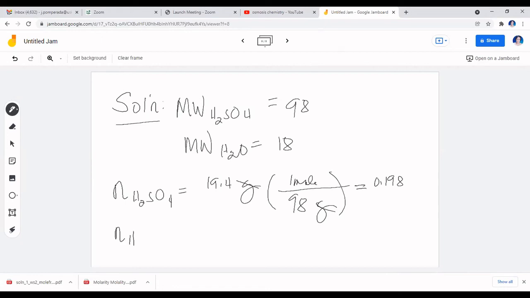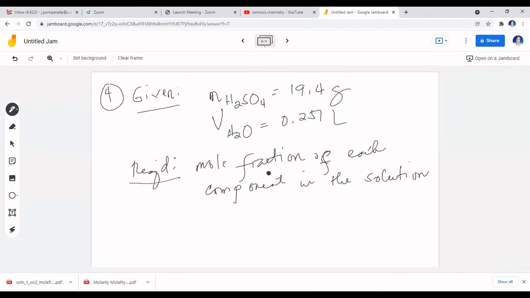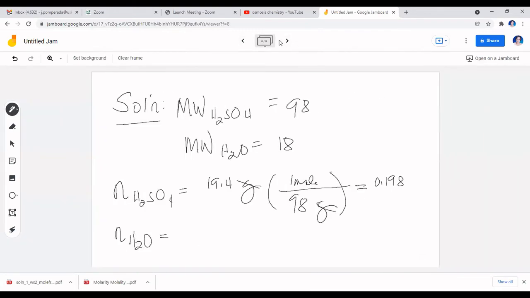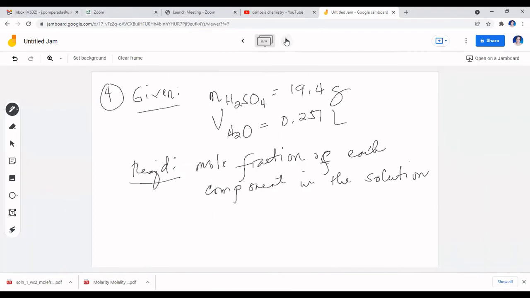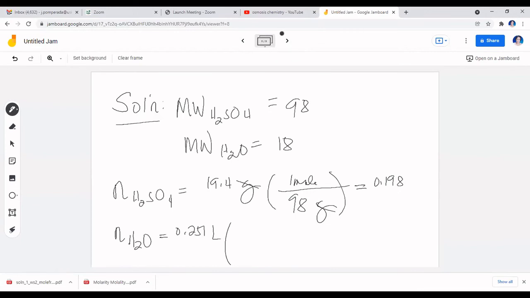Then I'll go to moles of water. How do I find the moles of water? Your water is given in volume. So you have 0.251 liter. But a while ago, what did we learn? Density of water is 1 kilogram per liter. So I place here 1 kilogram per liter. Now I have converted liter to kilogram.